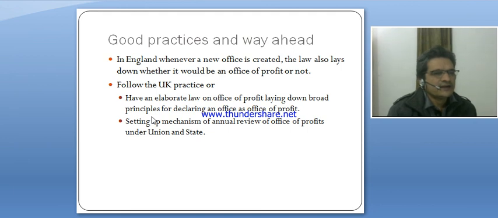It should be guided not by the person or the party representing any party which is holding that office, but the parameters should be so crystal clear and lucid that merely by application of those parameters you come to a conclusion that this office is an office of profit. Of course, with all those things, still there would be doubts, but we have to minimize the areas where one can raise questions.